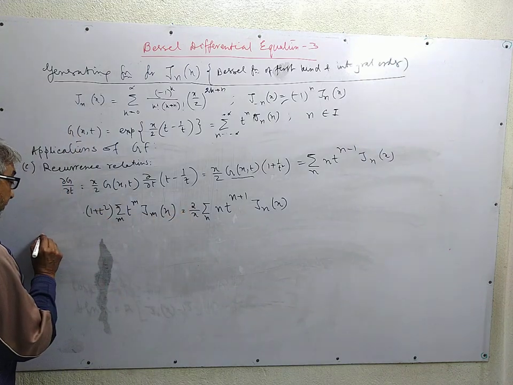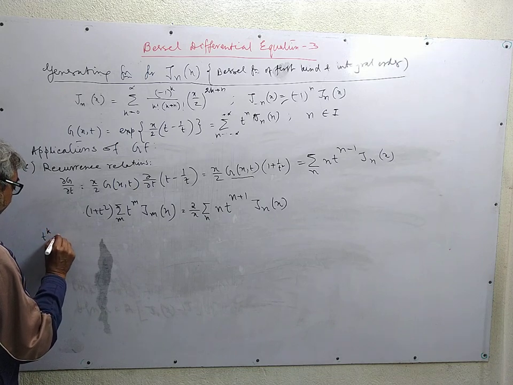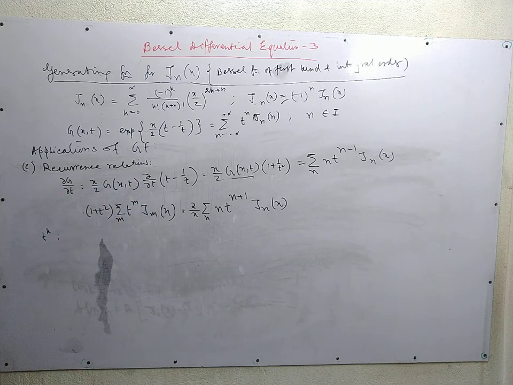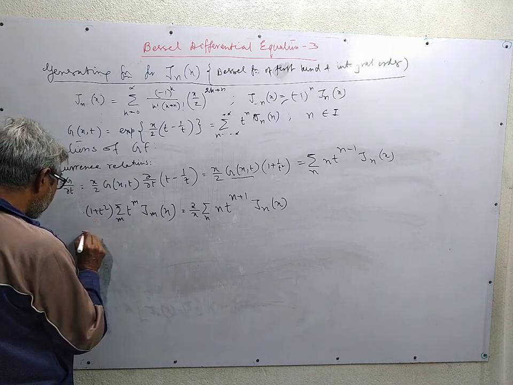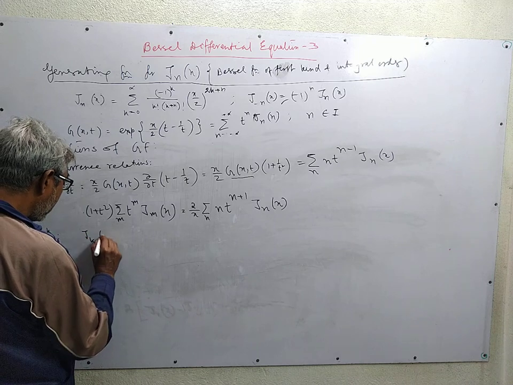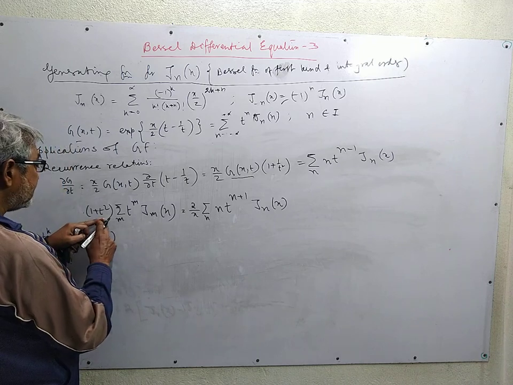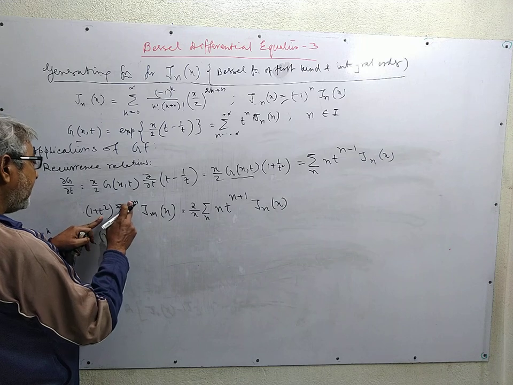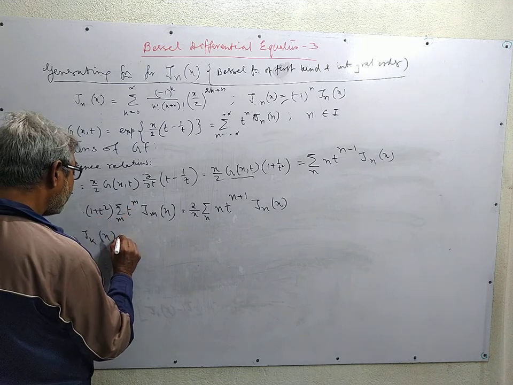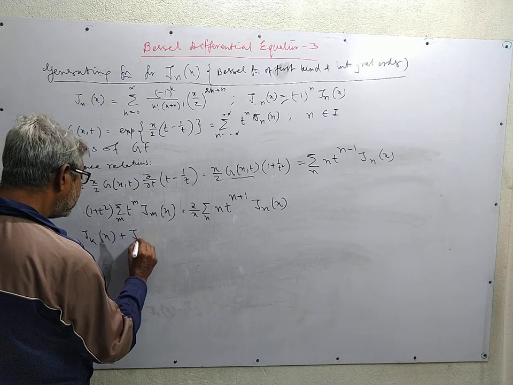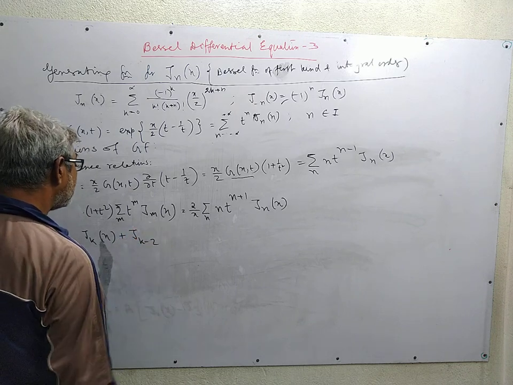So the coefficient of t to the power k, being an identity, the first term contributes when m is equal to k. So this is x jk of x, and this term contributes when m plus 2 is equal to k, that is j of k minus 2.